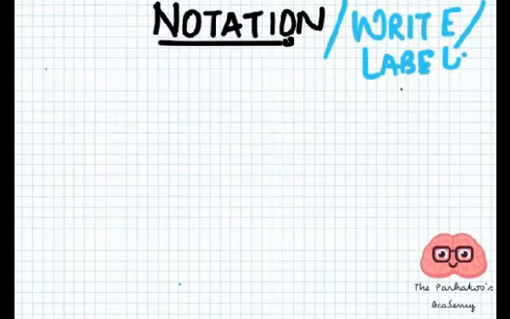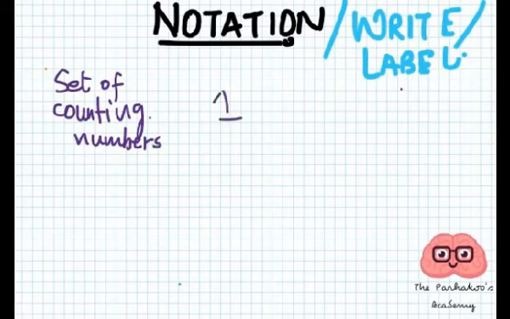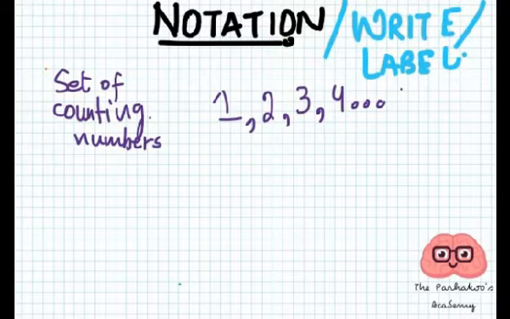Let's take one more example, and this time let's take the example of counting numbers. The counting numbers start with 1, 2, 3, and it goes on and on. We cannot end this, right? So how to write such a kind of set?